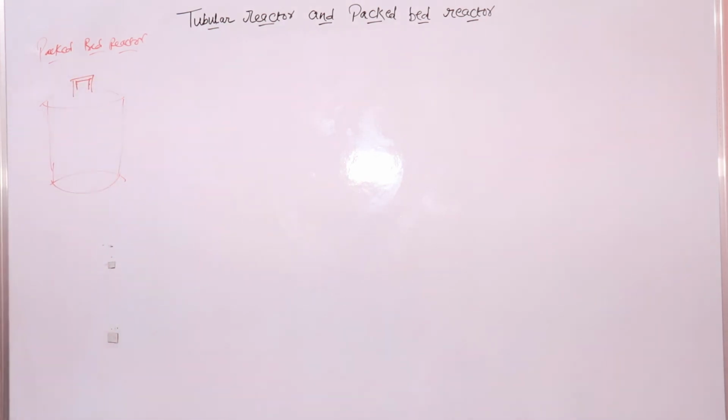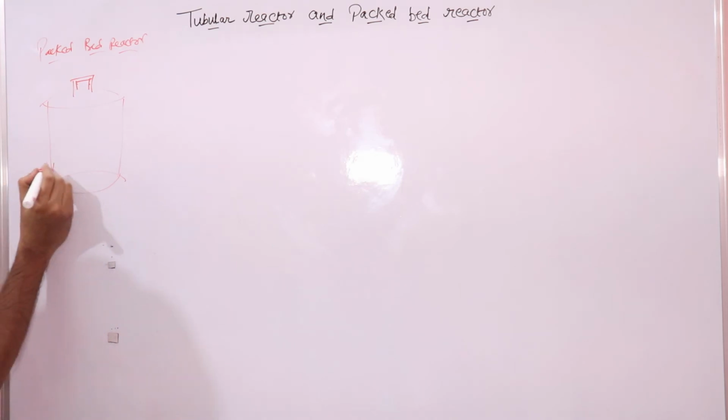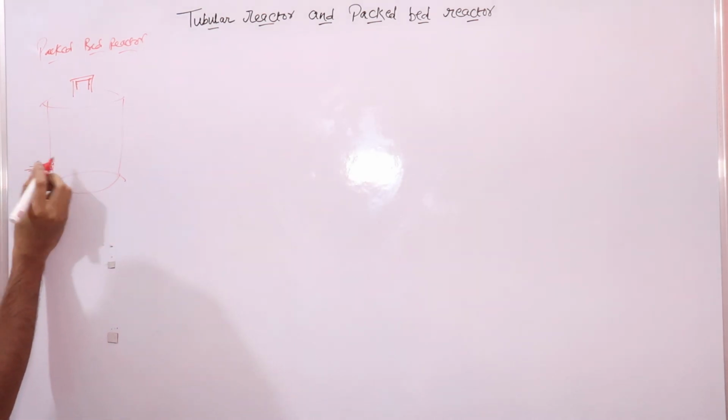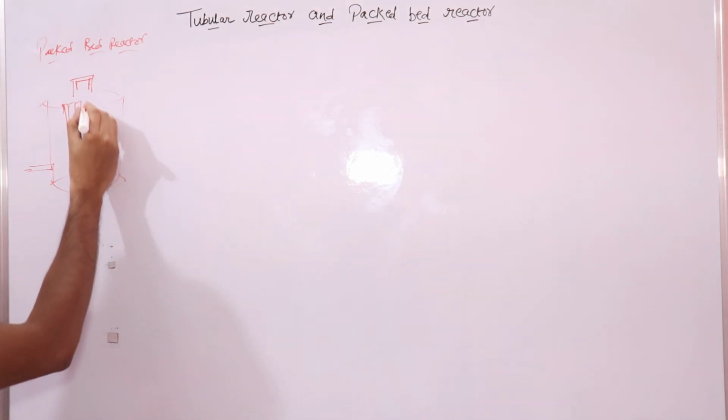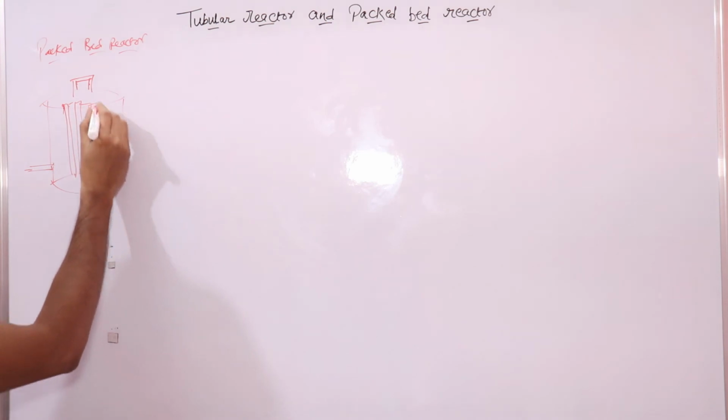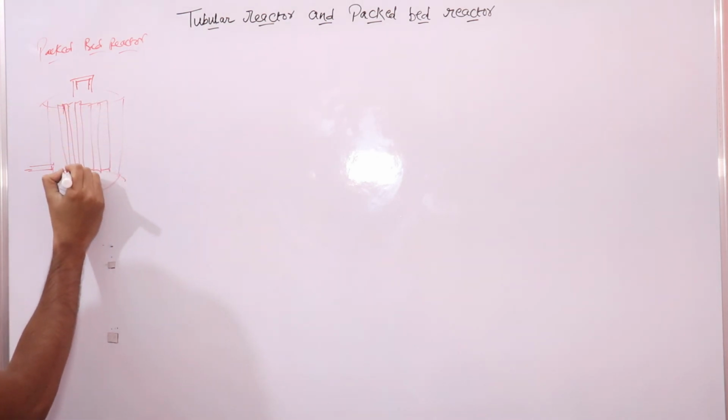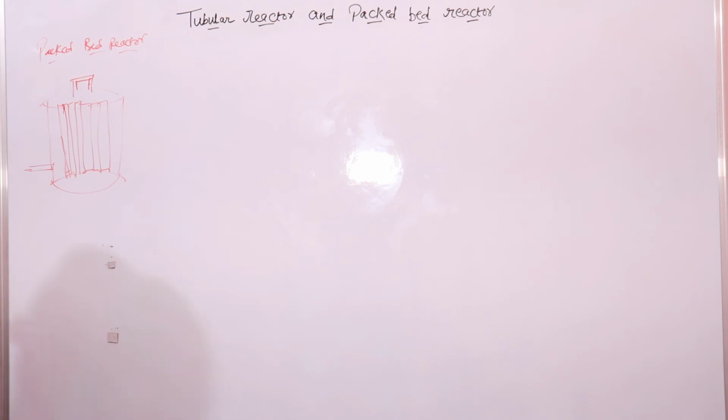You have different things in the reactor. This is the coolant. Inside the reactor you have these rods. I'm just drawing a rough diagram. You can see this in your books.